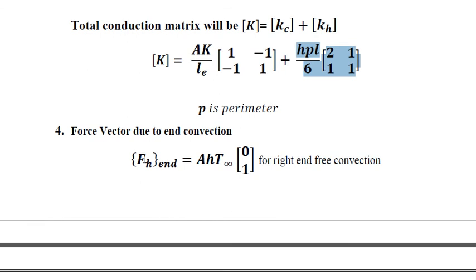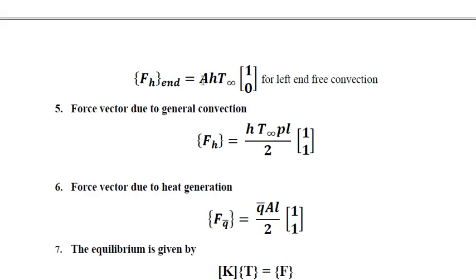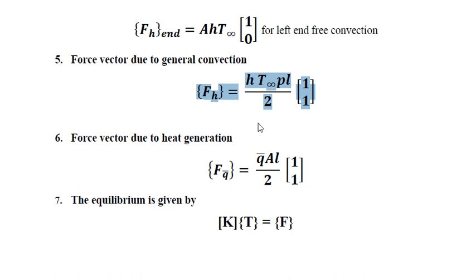There are three types of force vectors: one for end convection if the right hand is there, another for end convection if the left hand is there, another for surface convection, and one more for internal heat generation. And this is the equilibrium equation.